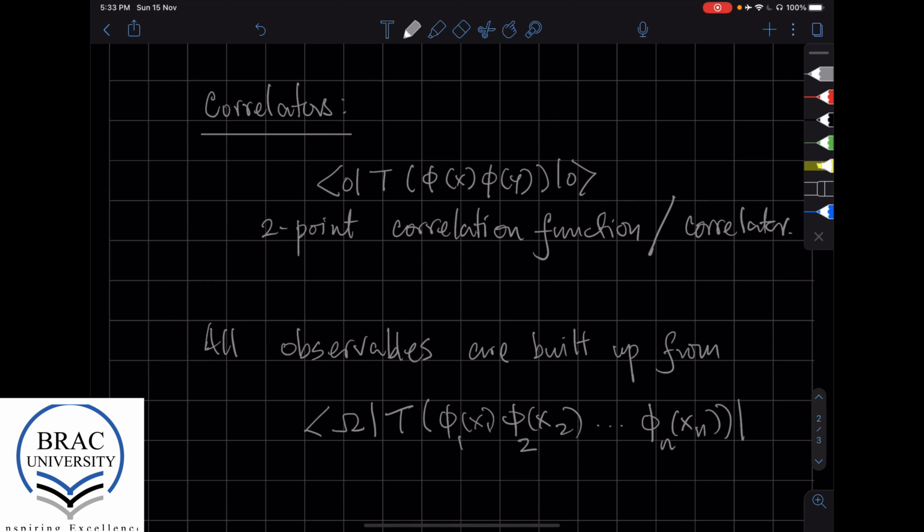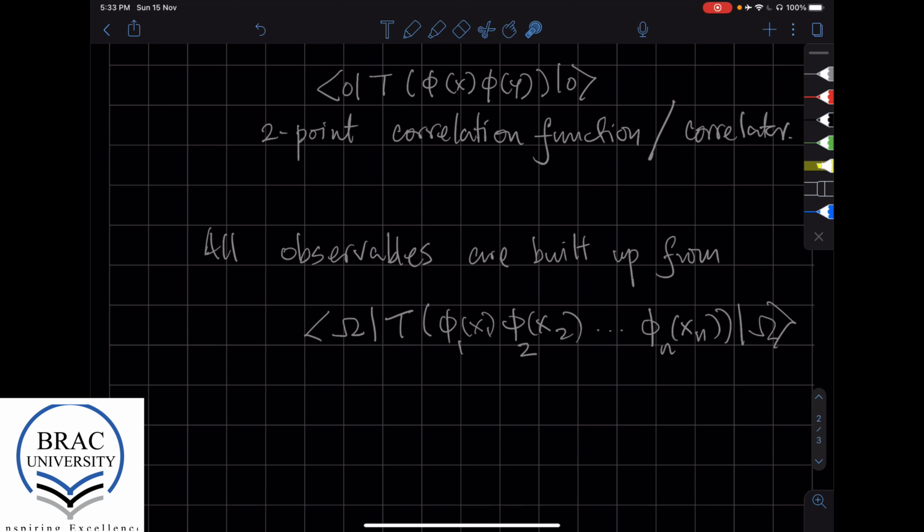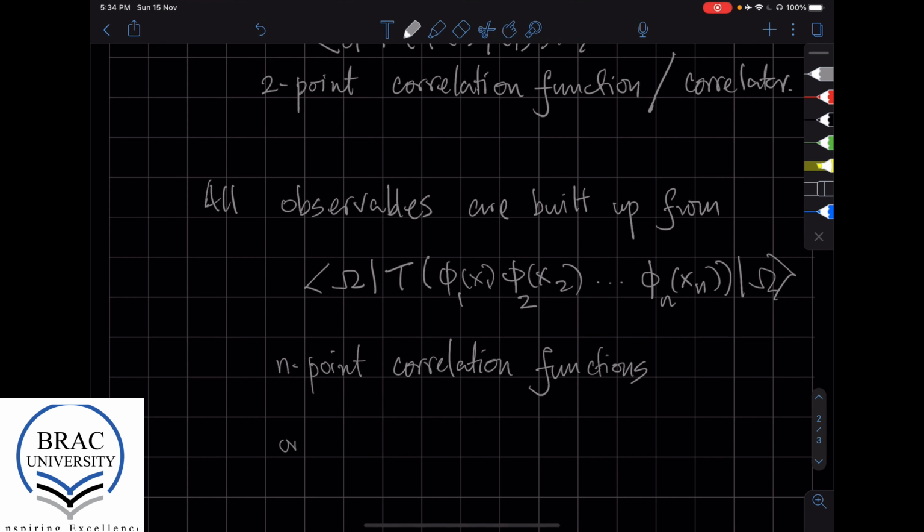So you can say that the fundamental problem of quantum field theory is to be able to compute these n-point correlation functions, also called correlators.